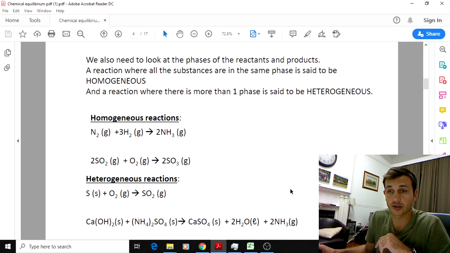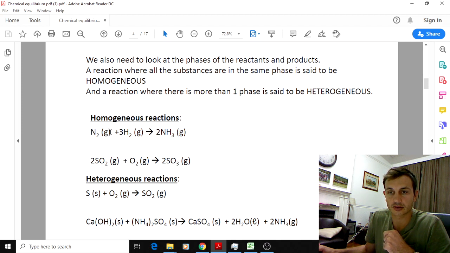Another thing that's also important is identifying the phases. When we look at chemical equations, there's a whole lot of information available to us that we need to take note of, and one of those things is the phases. This is an example of a homogeneous reaction, and it's called that because all molecules involved have the same phase.